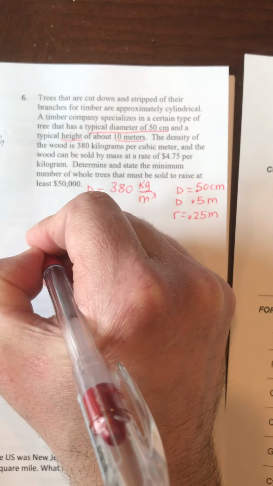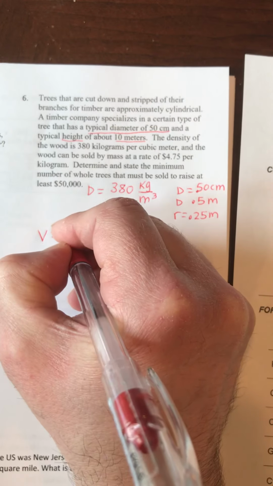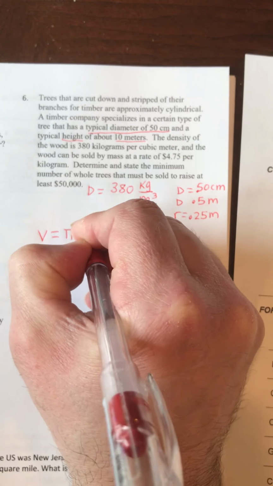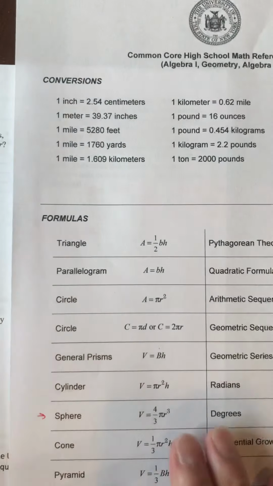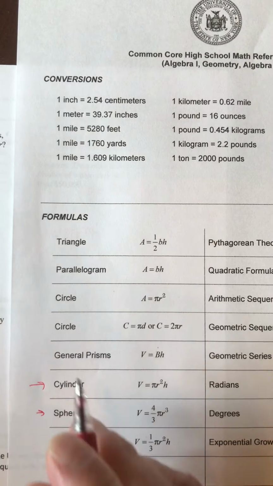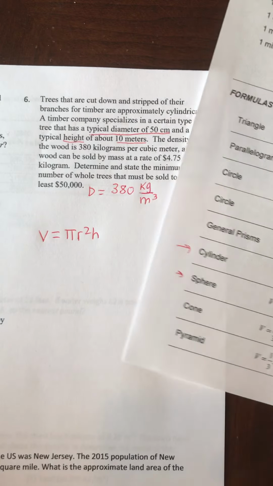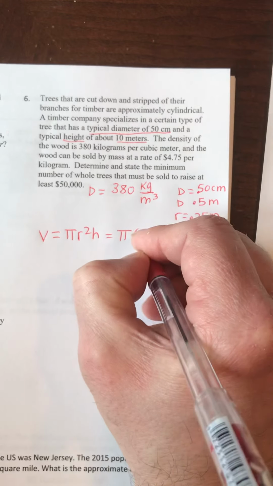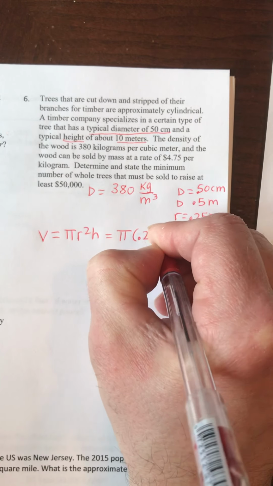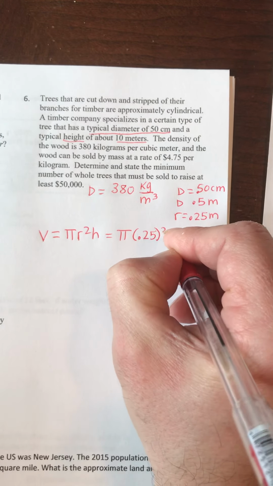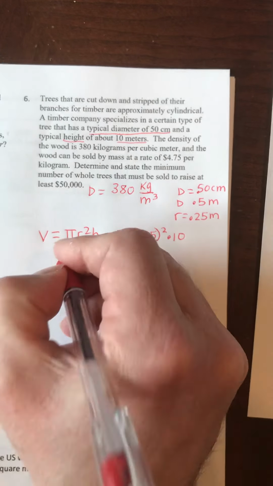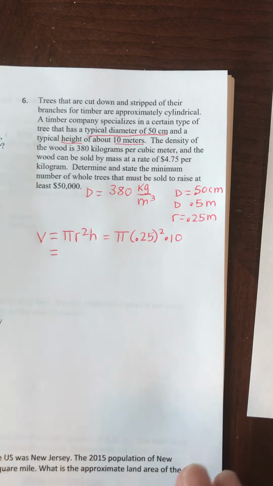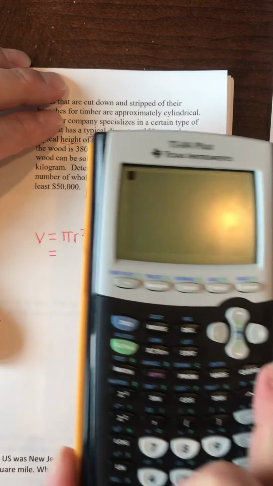All right, so here we go. We go volume. It's a cylinder, so it's pi r squared h, right? Remember the volume of a cylinder right here. So we're going to go pi times the radius squared, 0.25 squared, times our height, which is 10 meters. Right, and we're going to get our volume. We're going to get a decimal answer, because we're going to need to round anyway.